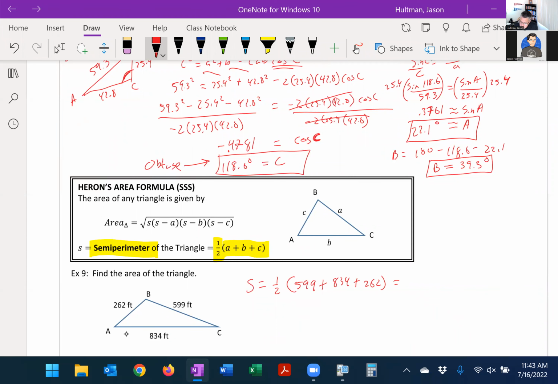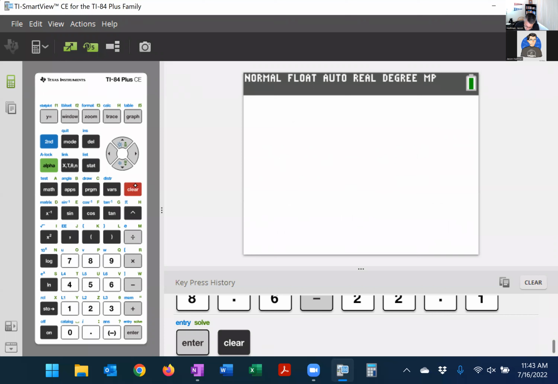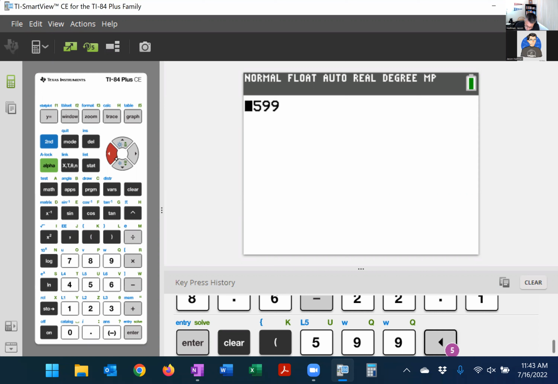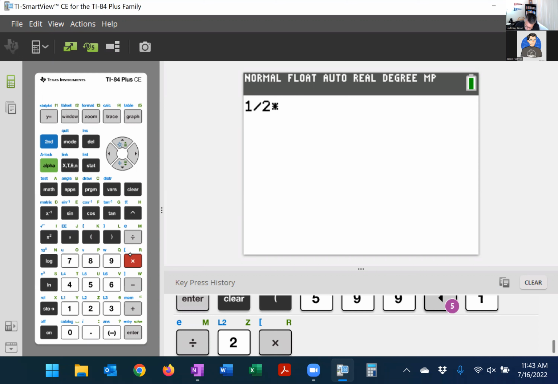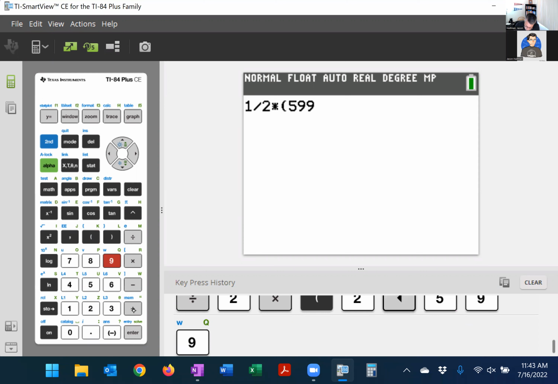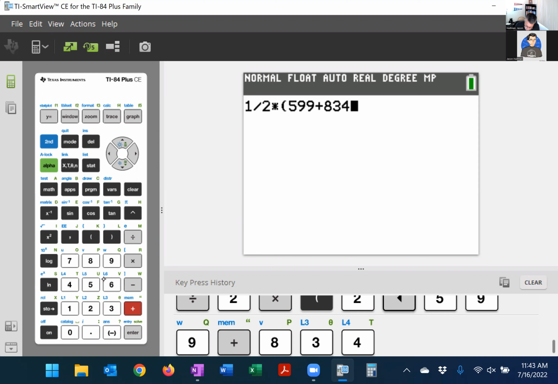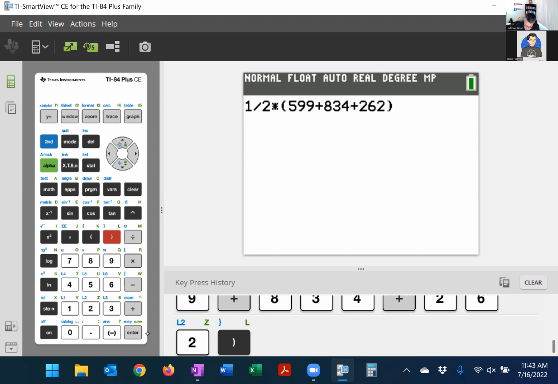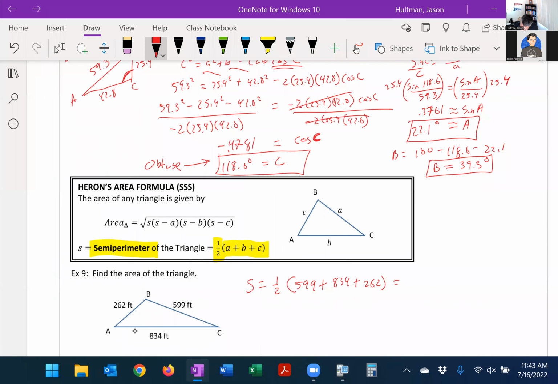Plugging into the calculator, I'm going to clear this. 1 divided by 2 times parentheses 599 plus 834 plus 262 equals 847.5. So that's S, the semi-perimeter.